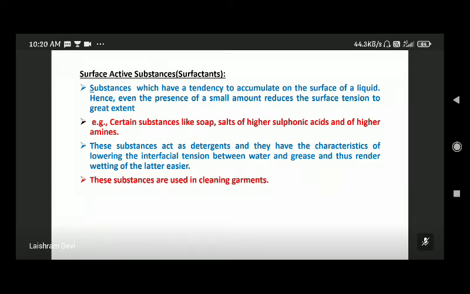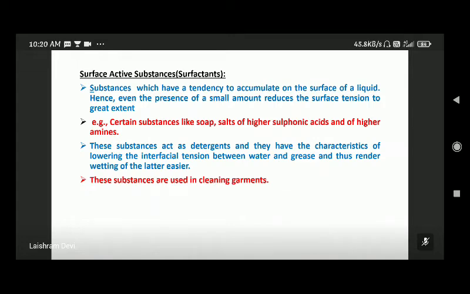Interfacial in the sense that it is the tension that develops on the molecules which are present on the interface of the two liquids. Is it okay? The formula to calculate the interfacial tension you will study in theory class.